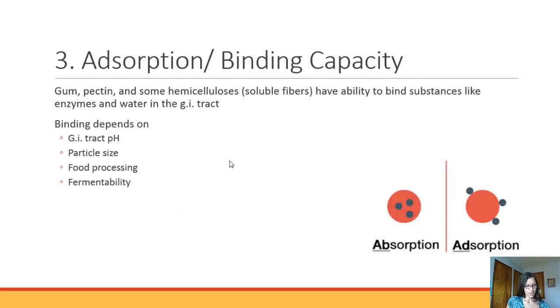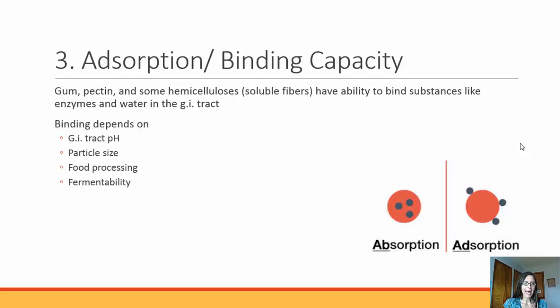Okay, our third characteristic is adsorption, or binding capacity. We're used to thinking of absorption as a cell absorbing a substrate, but adsorption means that this fiber molecule is binding. Think of adsorption as binding. Some of our fibers, gum, pectin, hemicellulose, our soluble fibers, have the ability to bind to substances in the GI tract.